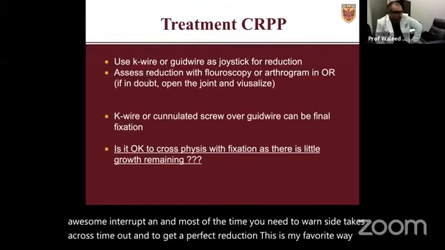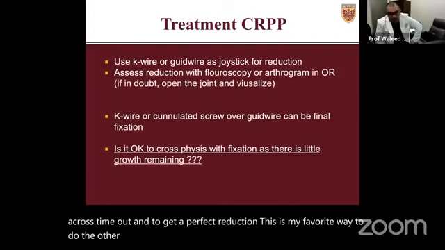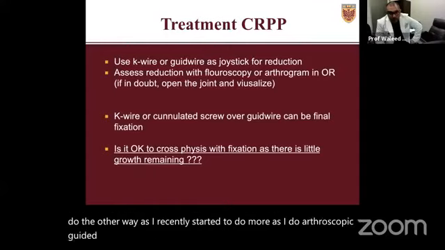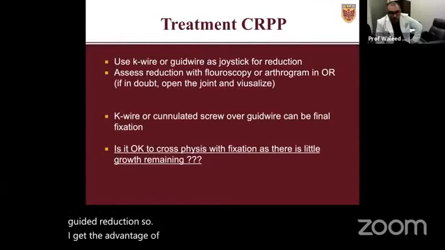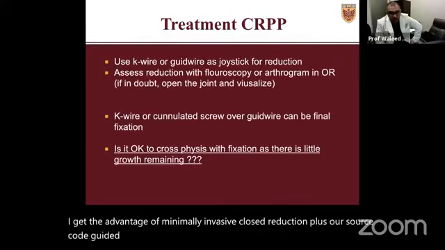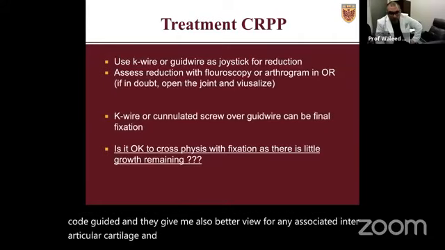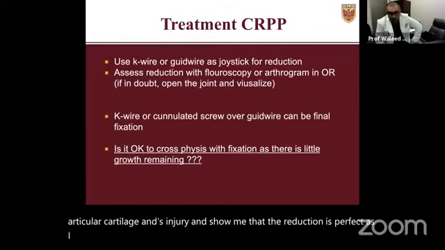The other way, which I recently started to do more, is arthroscopic guided reduction. So I get the advantage of minimally invasive closed reduction plus arthroscopic guidance, and it also gives me a better view for any associated intra-articular cartilaginous injury, and shows me that the reduction is perfect as I need it, using the fluoro as well with the screw.